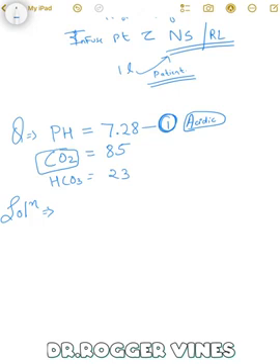More and more CO2 in the blood means there's a chance you are having more acid in your blood, because carbon dioxide mixes with water to form carbonic acid, H2CO3. So secondly, you need to see carbon dioxide in this patient, and the value is 85. We are going to think it is also acidic.